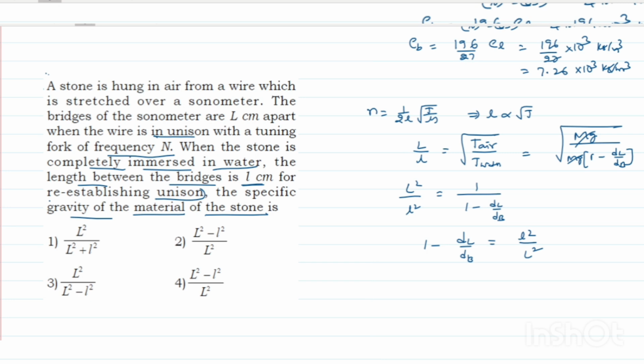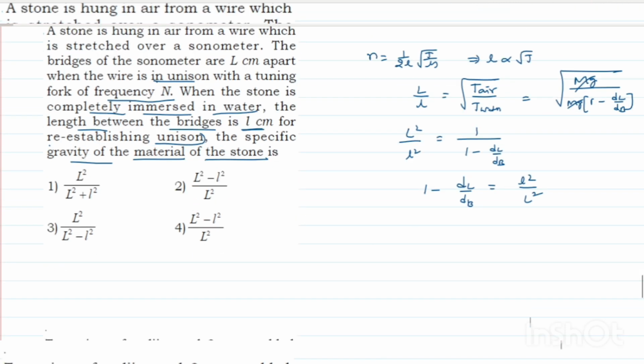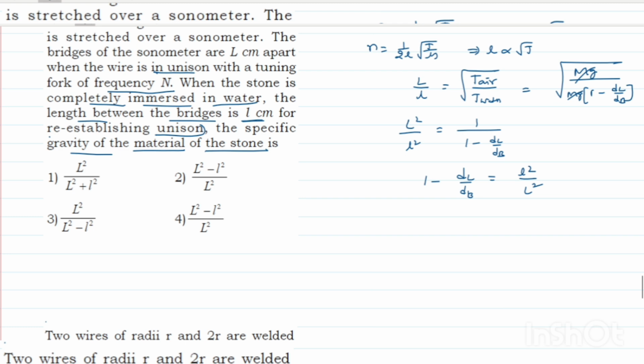Now we have to simplify this: 1 minus l square by capital L square is nothing but density of the liquid by density of the body. By taking LCM, L square minus l square by L square will be equal to density of the liquid by density of the body.